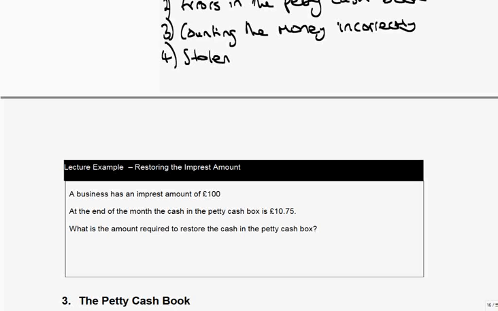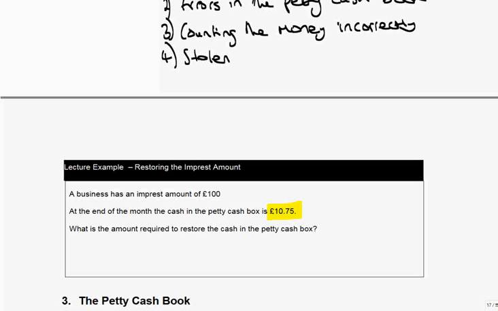Another petty cash task you're going to see in section 2 of the exam is where you have to restore the imprest amount, which we can see through this lecture example here. So a business has an imprest amount of £100. At the end of the month, the petty cash box has got £10.75 of cash left. So you started with 100 and now you've only got £10.75.